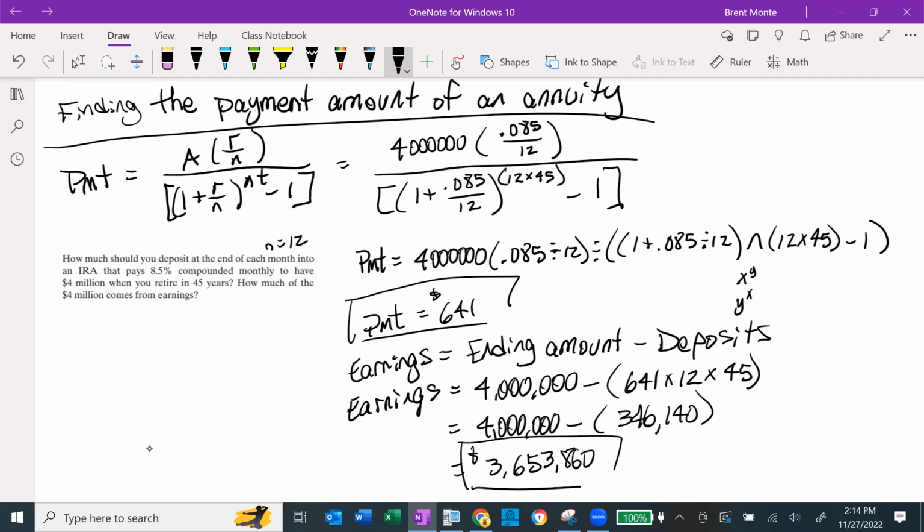That's all earnings. I only deposited $346,140. I ended up with $4 million. So I ended up with an extra $3,653,860, where I wouldn't have had if I just kept that money in a shoebox someplace, for instance. So that's the power of compounded interest.